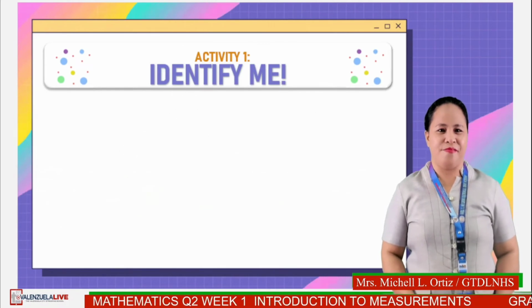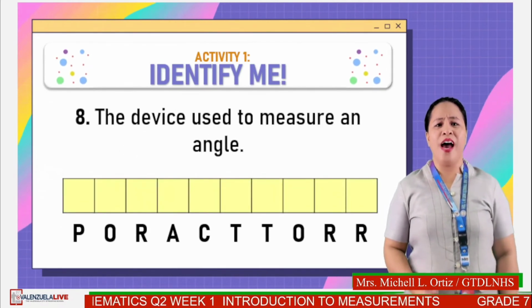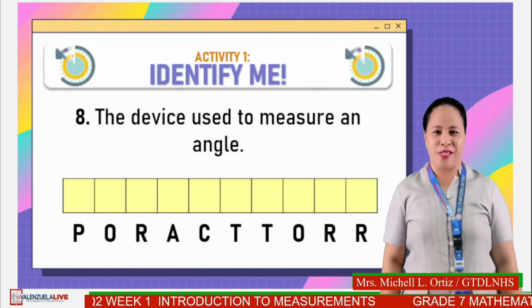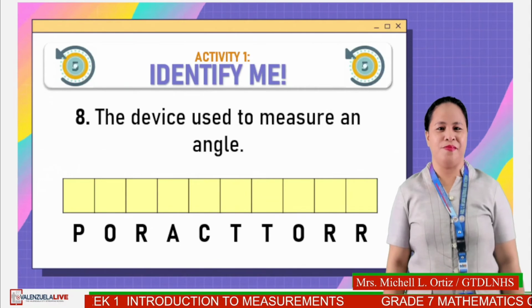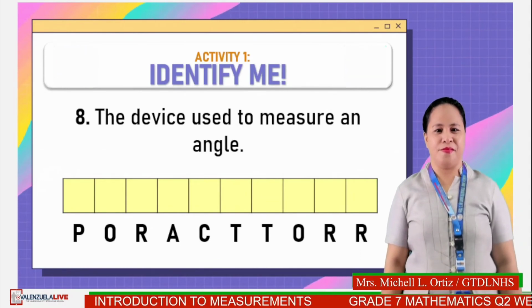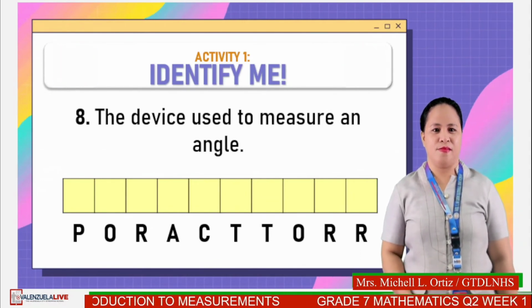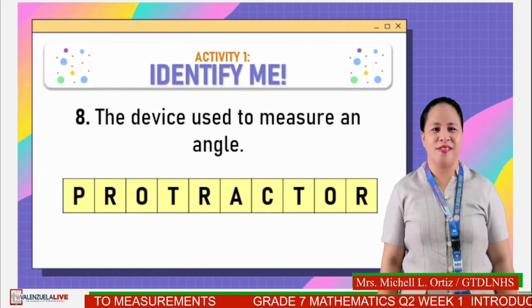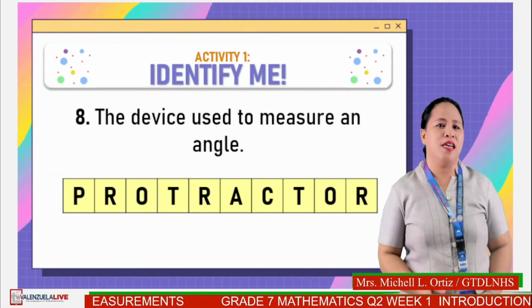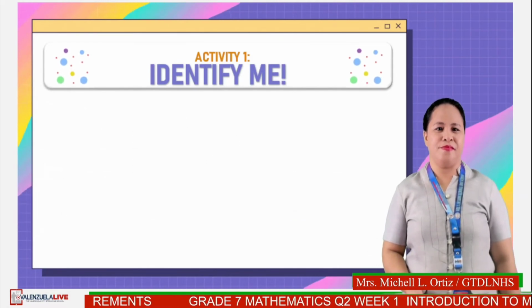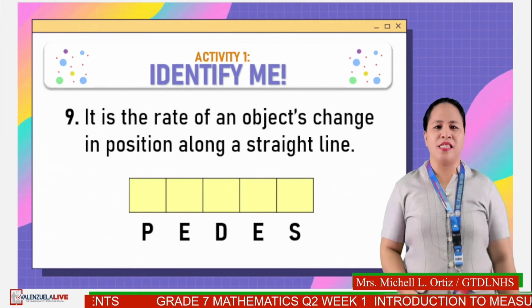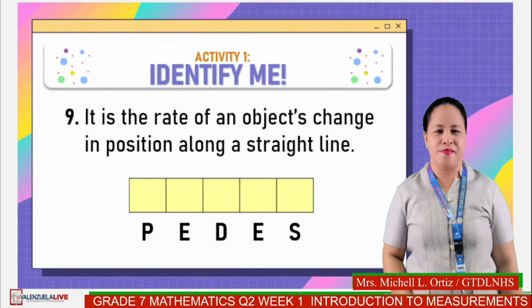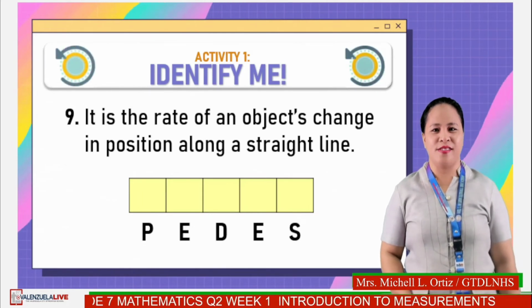Number 8. The device used to measure an angle. 5 seconds, go! Time's up. The correct answer is protractor. Number 9. It is the rate of an object's change in position along a straight line. 5 seconds, go!